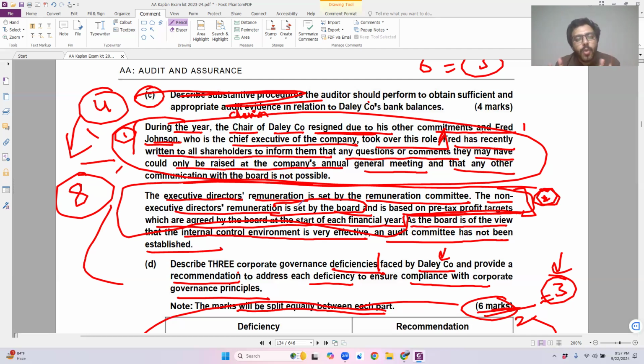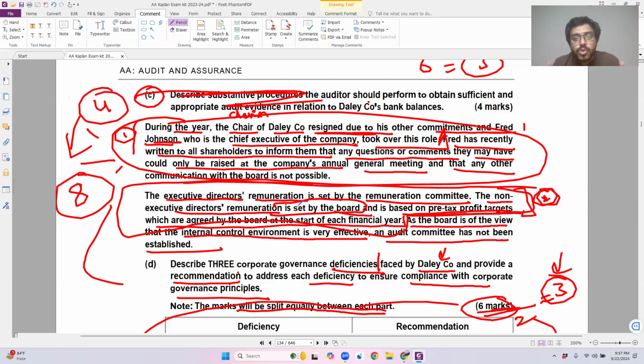An audit committee is required when you have shareholders that are not running the company. The CCG says that you must have an audit committee, because an audit committee has to oversee the external audit and the internal audit function.